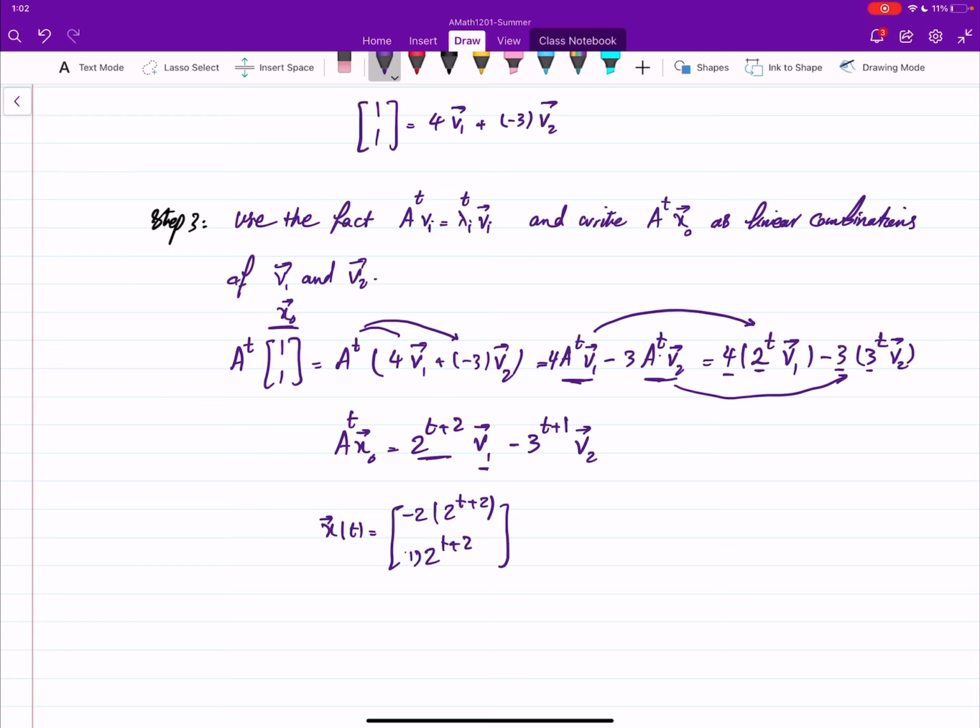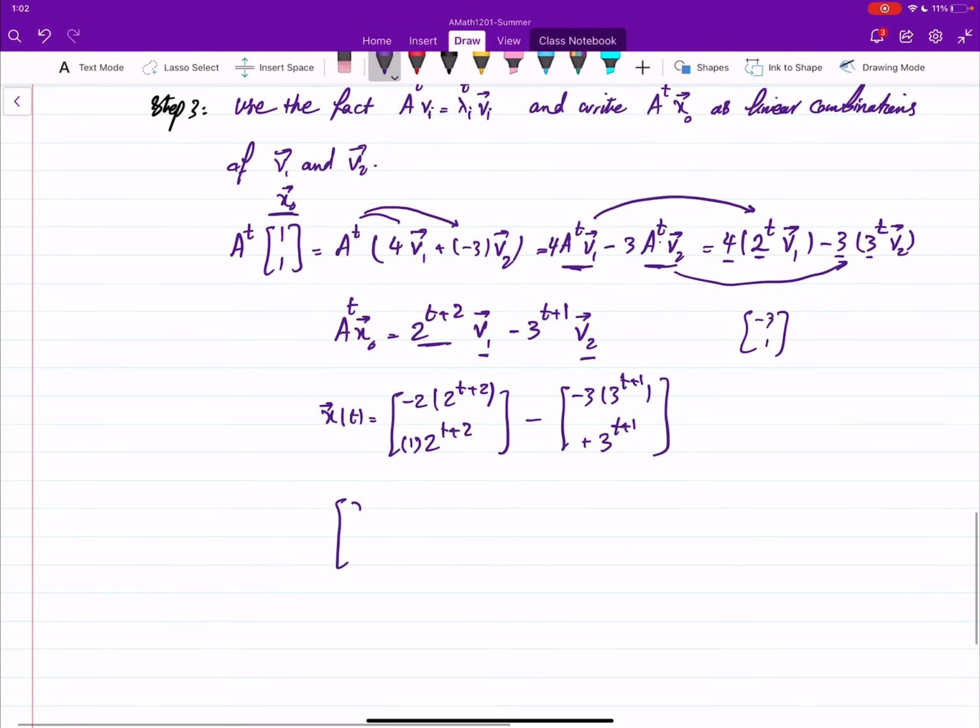That's the first part. And then negative 3 to the power t plus 1 times V2. V2 is negative 3 and 1, so you multiply negative 3 and 1 by 3 to the power t plus 1.